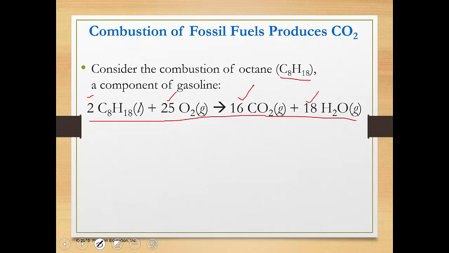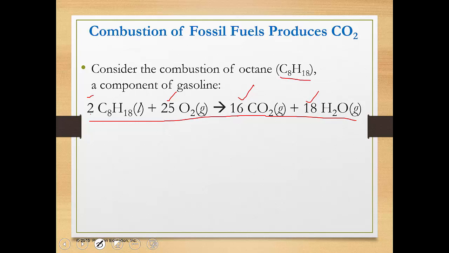So it's 2 to 16 here. For every 1 octane, we're producing 8 times the number of moles of carbon dioxide. There's a lot of carbon dioxide being produced here.